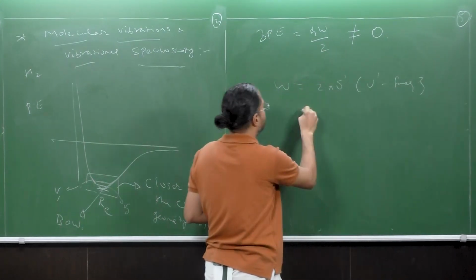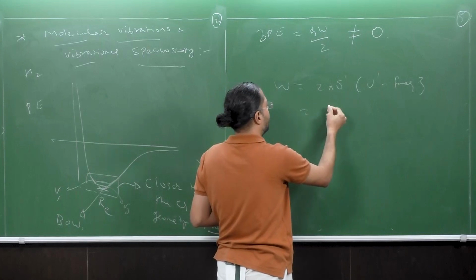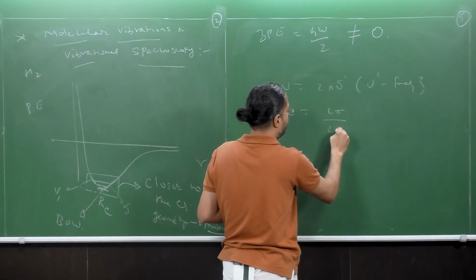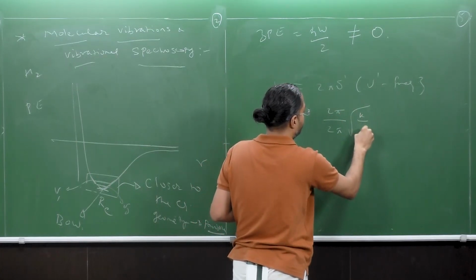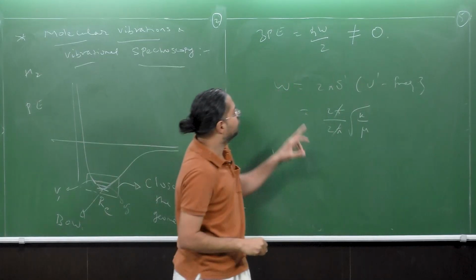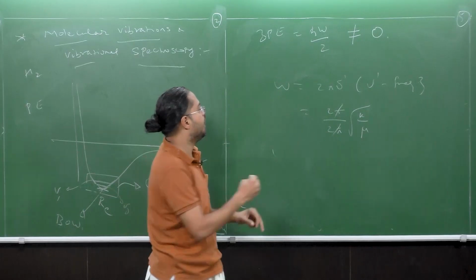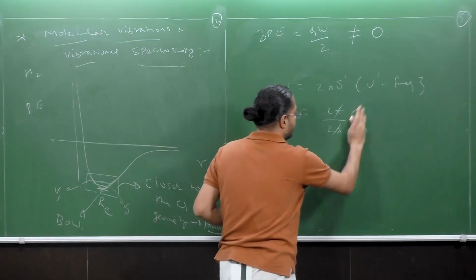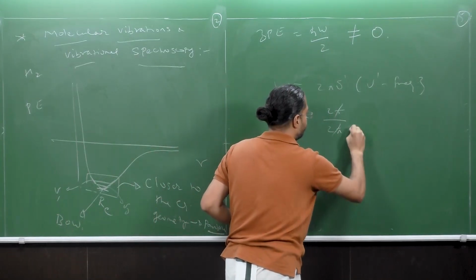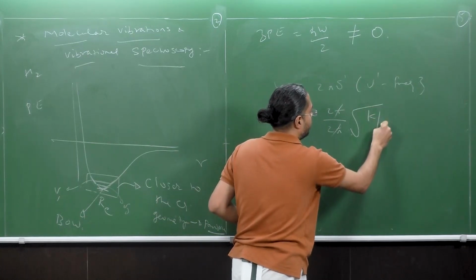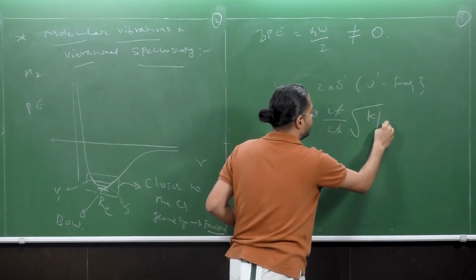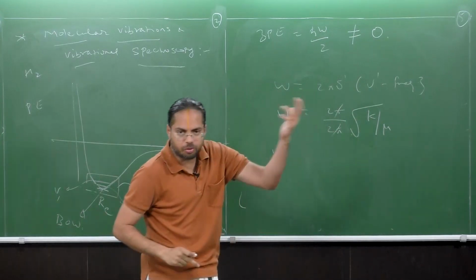Therefore this is going to be given by 2 pi over 2 pi times the square root of k by mu, so your formula for omega is the square root of k by mu, where mu is the reduced mass and k is the force constant.